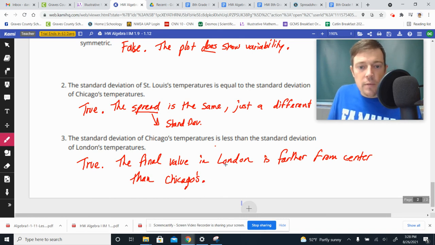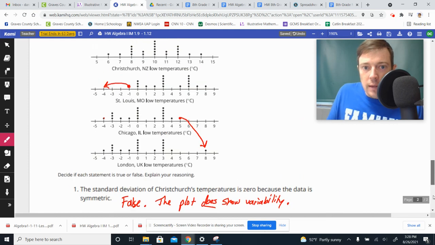That's how I know. If it was closer to the center, then London would have had a lower standard deviation. But since Chicago's was more tightly bound together, that gave it a lower one.